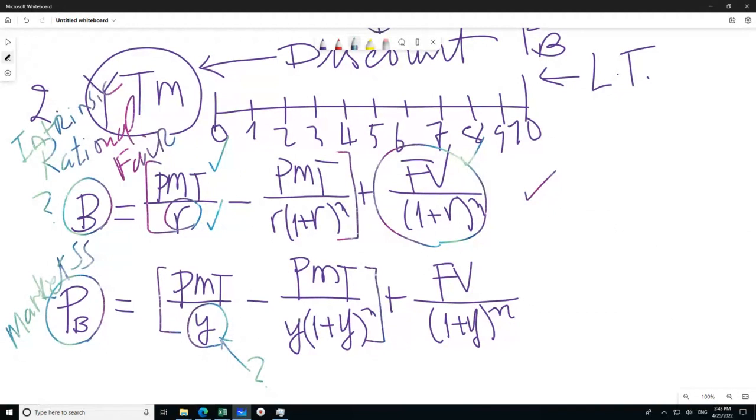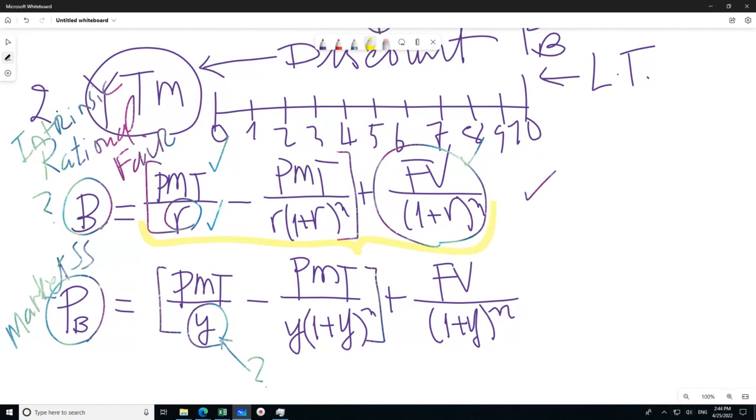So in other words, the right-hand side of the equation is given. The left-hand side of the equation is not given. That's what you need to solve this equation for. Okay?